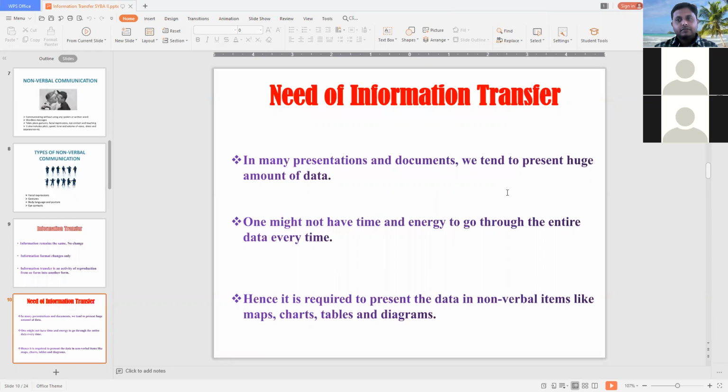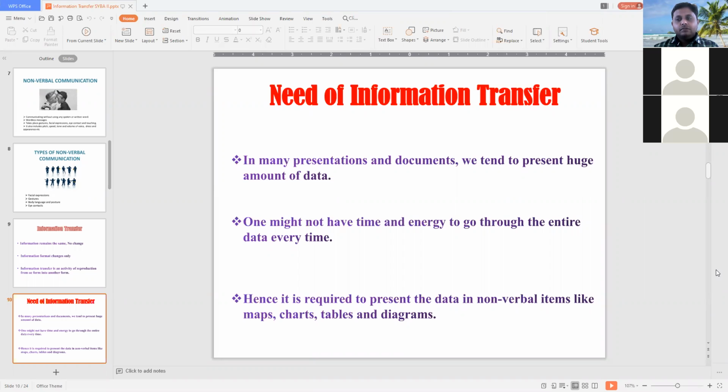So the form changes. The need of information transfer: in many presentations and documents, we tend to present a huge amount of data. One might not have the time and energy to go through the entire data every time. Hence, it is required to present the data in non-verbal items like maps, charts, tables, and diagrams.